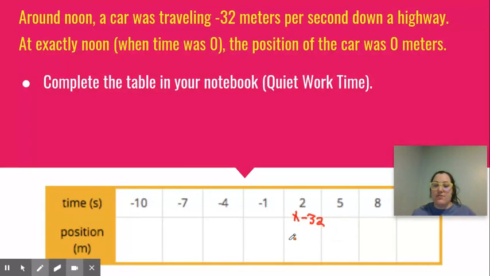So we know our answer is going to be -64. Okay. I'm going to set a timer for 2 minutes. I want you to go ahead and fill out the rest of this table. And if you do finish, go ahead and move on to number 2.